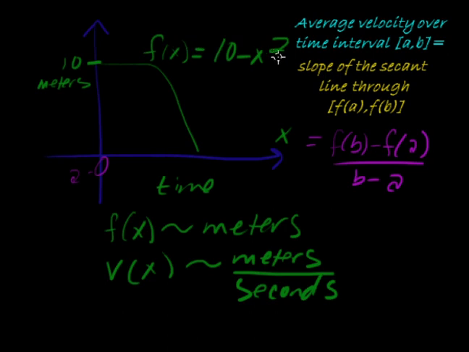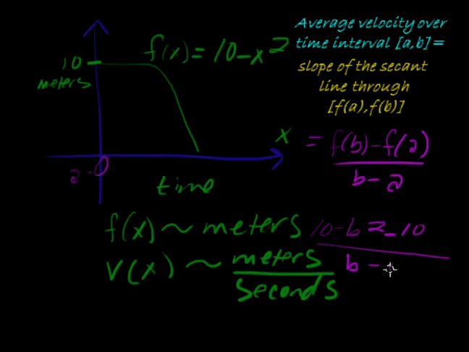So that would end up being, what's f of b? So f of b is 10 minus x squared, so that would be 10 minus b squared, minus f of a. So if f of a is 0, then that would make it 10.